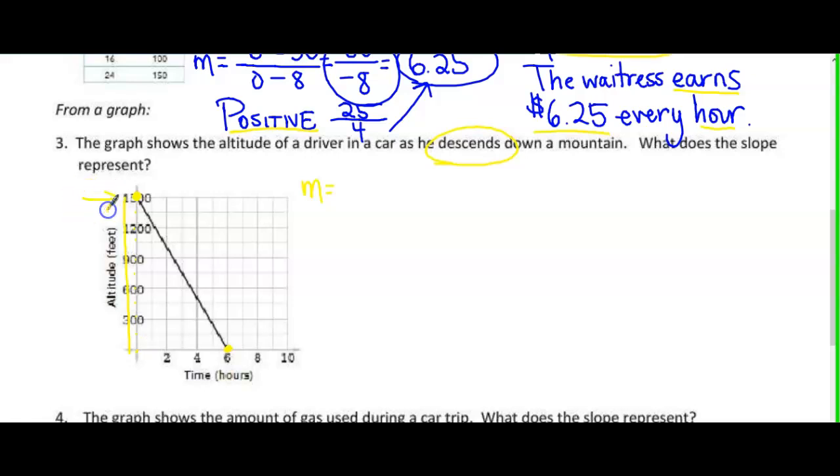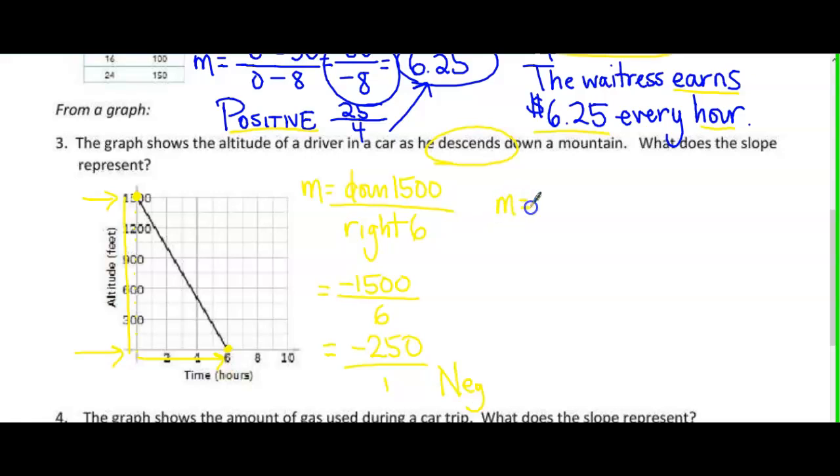So this is at 1,500 and I'm going down to 0. So this is actually down 1,500. Then you go right 6. Now, if I'm using the counting method, down is negative, right is positive, and if I simplify this, I get negative 250 over 1. And yes, this is negative, so I have to use a falling word or going downward.